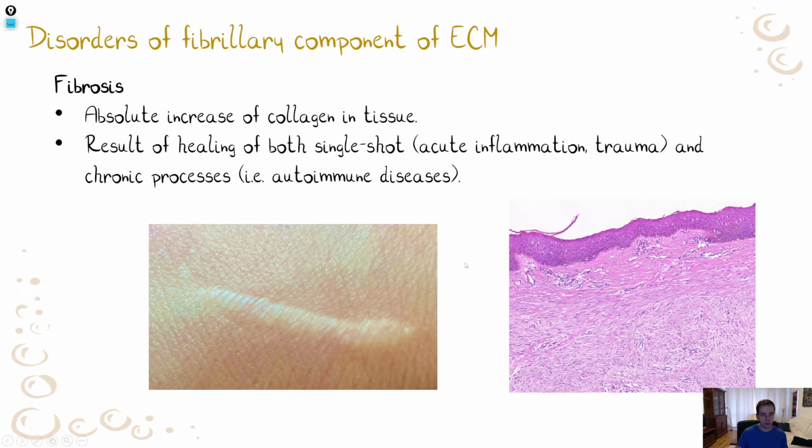So it can be simple scarring after acute inflammation, after trauma, or healing of a surgical wound. Or it can be fibrosis as a part of chronic process, chronic inflammation, autoimmune diseases, for example. So fibrosis basically means scarring.